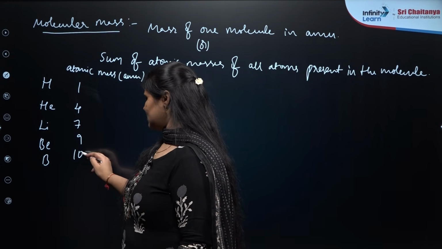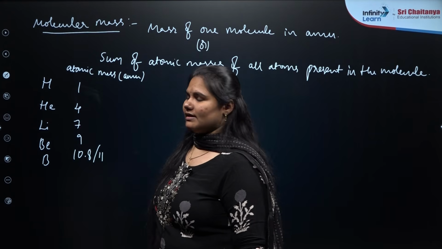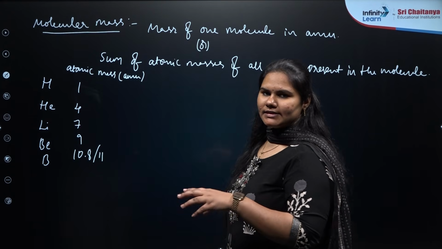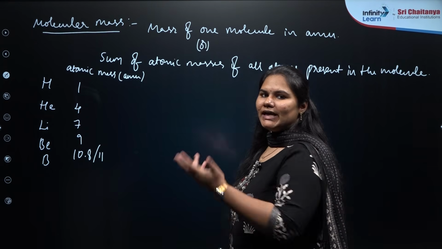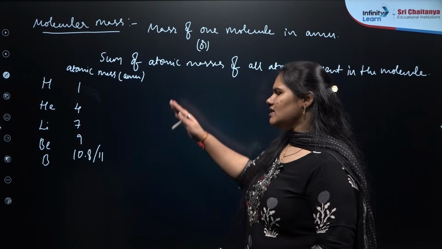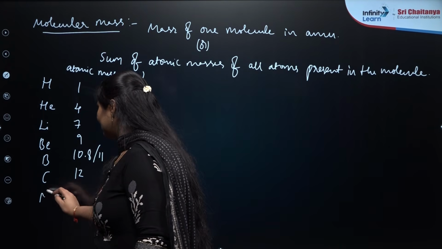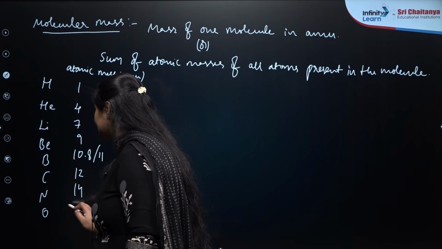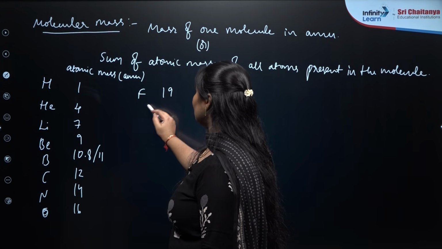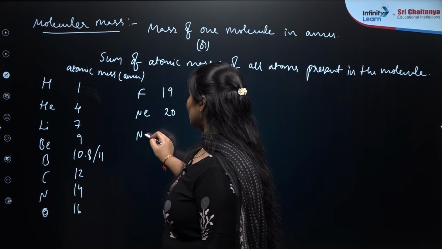Boron, actually it is 11. We'll take it as 10 point. It is 10.8, but we'll take it as 11. Actually, all these values are not exactly whole numbers. They are like something 4.008, something like that. But we don't need to take that accurate a value, just these values are enough. And then carbon, 12, nitrogen, 14, oxygen, 16, fluorine, 19, and then neon, 20, sodium, 23.